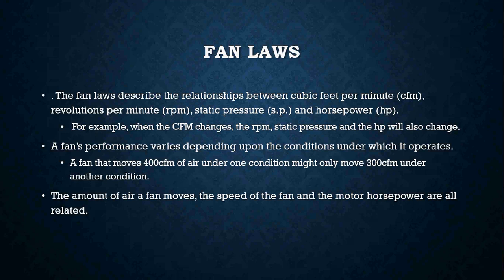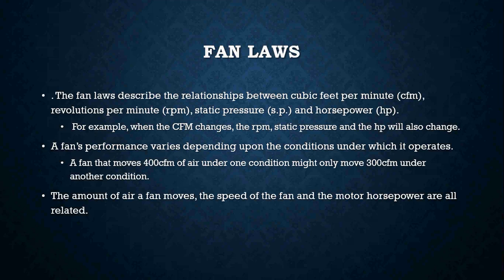A fan's performance varies depending upon the condition under which it operates. That's a big thing. One furnace or one blower can move 400 CFMs in this unit based off of its design and ductwork.